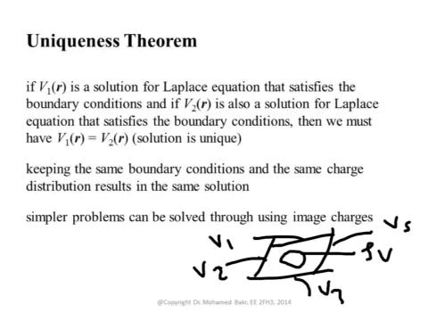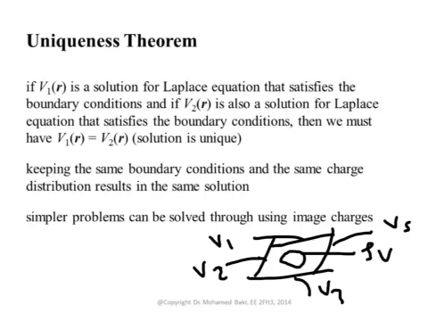So this led to the thinking that if we have some difficult problems that we are not able to solve easily, why don't we replace them by simpler problems that have the same boundary conditions and hence the same solution? This is really the main concept behind image theory.